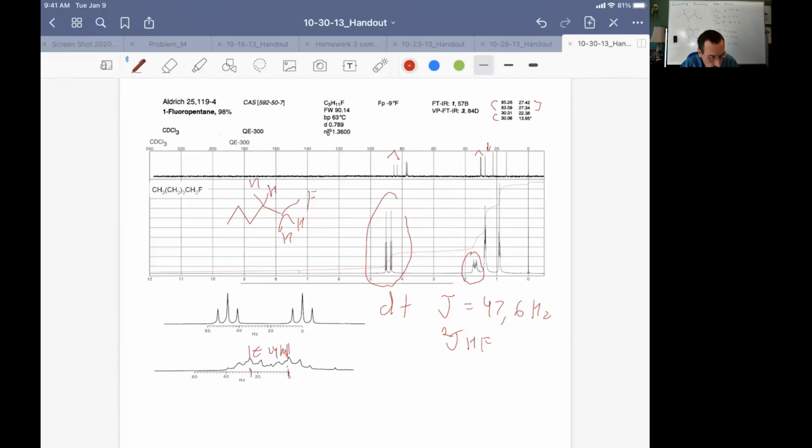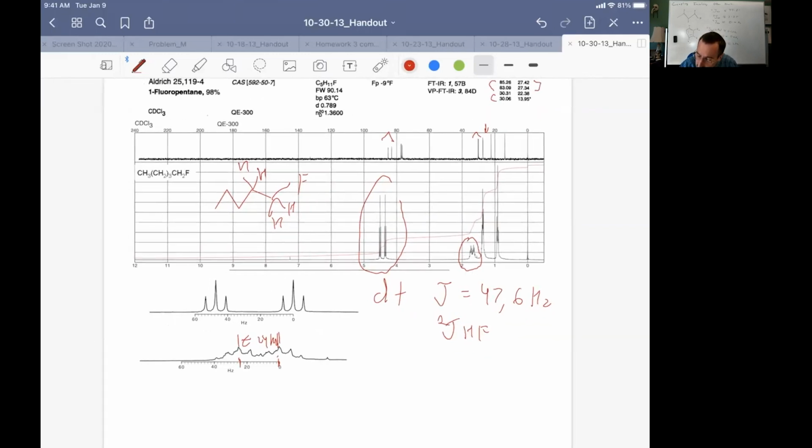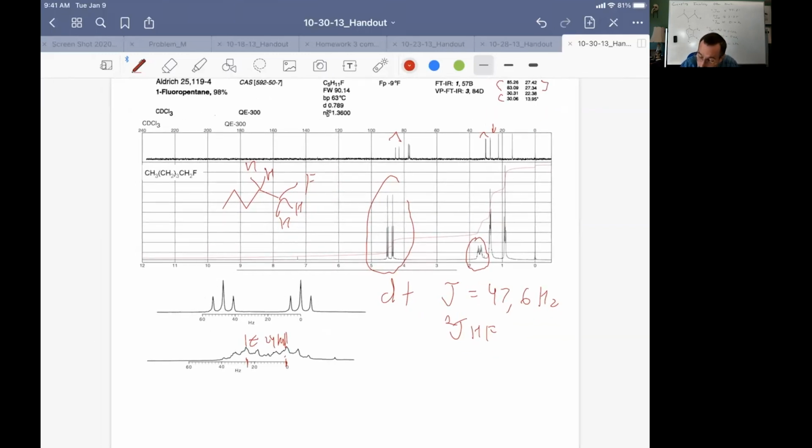And you'd say, oh, okay, that's our J. So I probably would just characterize it as a multiplet, but you can see embedded in there is our J3 HF, and that's 24 hertz for our 3-bond coupling.